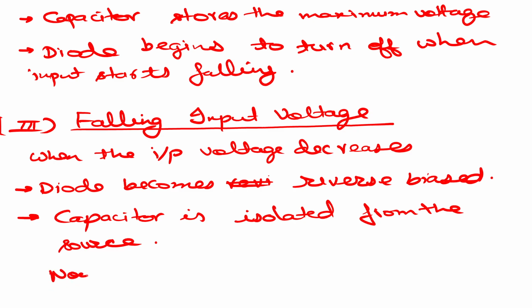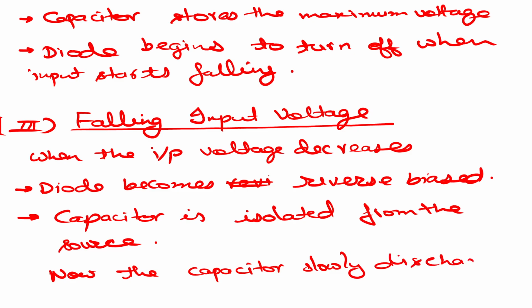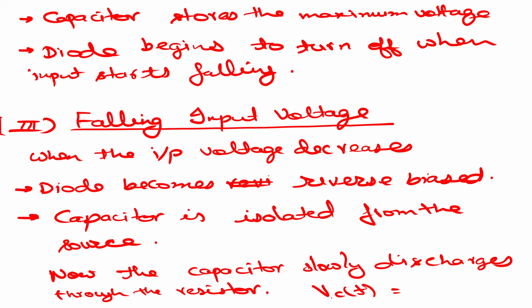Now in this stage, the capacitor slowly discharges through the resistor, which is given by Vc, the voltage drop at the capacitor, now a function of time.